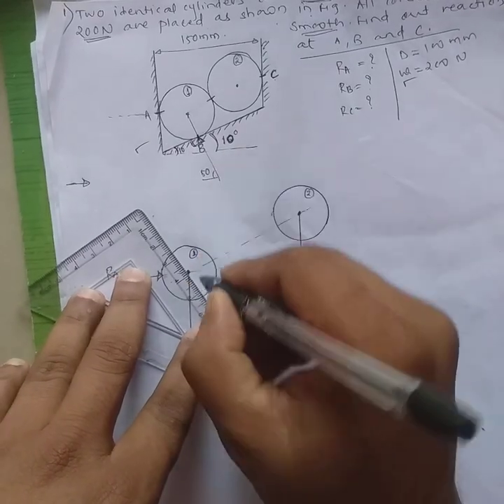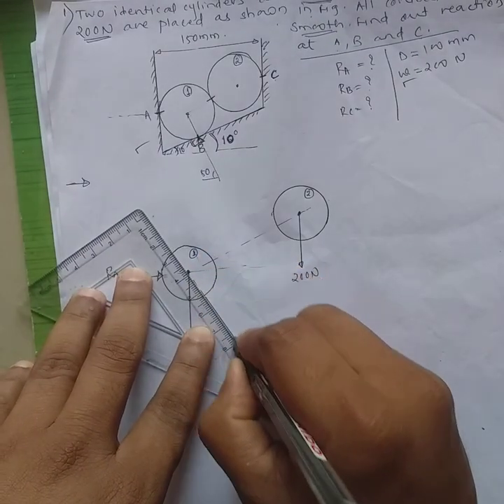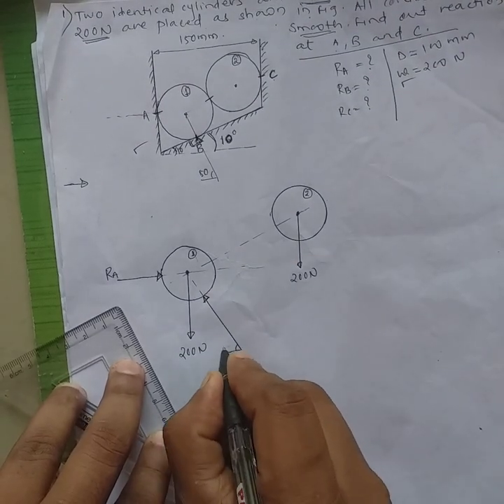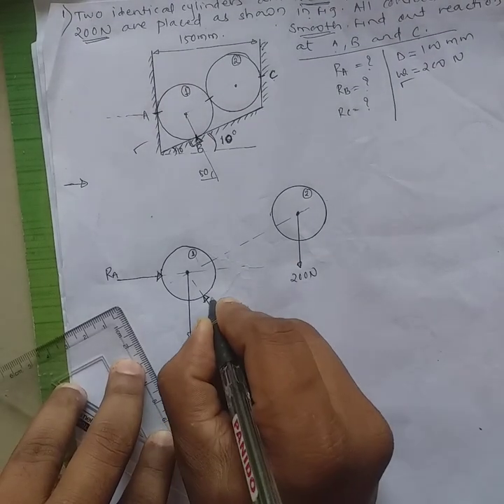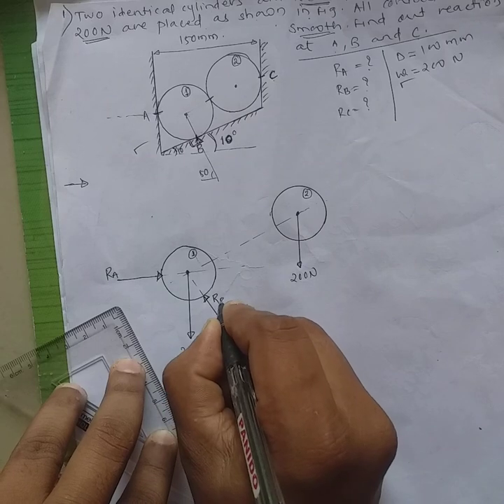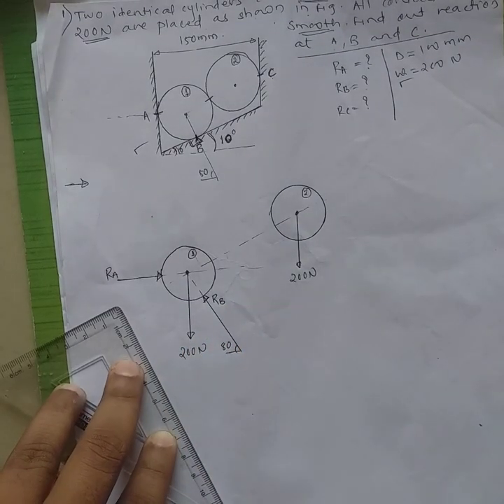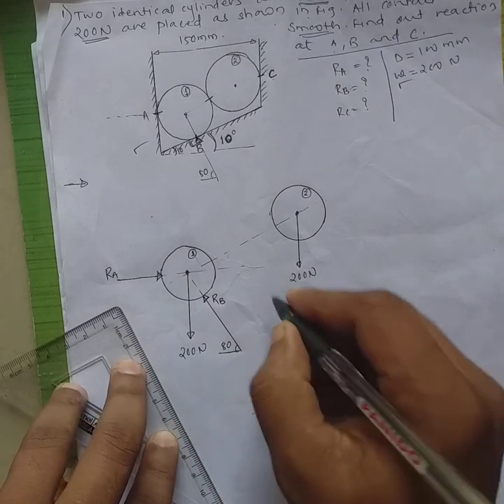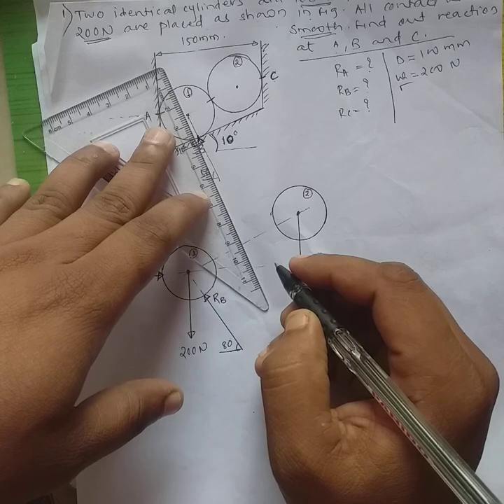So you can consider the next reaction is towards the surface, the angle made is 80 degrees with respect to the x-axis, and this will be RB.